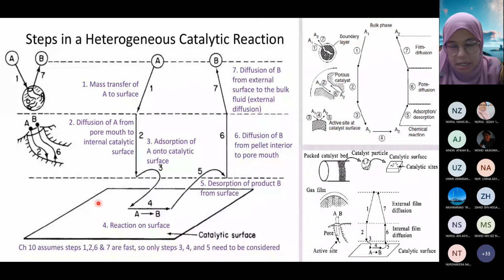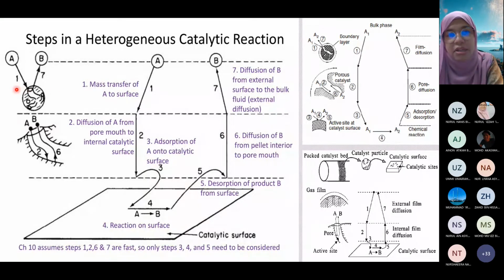Right, what happen if the reaction occur on non-porous catalyst? So if the catalyst is non-porous, step 2 and step 6 can be negligible because there is no pore diffusion. Okay, kalau non-porous, there is no pore mouth.